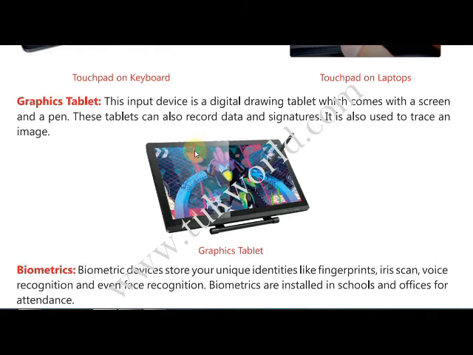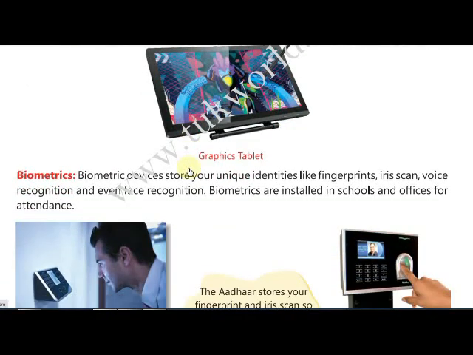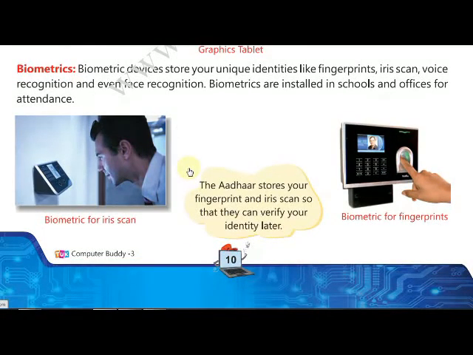Then next, biometric. It is an attendance system that is used to take the attendance of employees or pupils in schools and offices. There are different types of biometrics, in which fingerprint attendance is there, then face scan attendance is there.